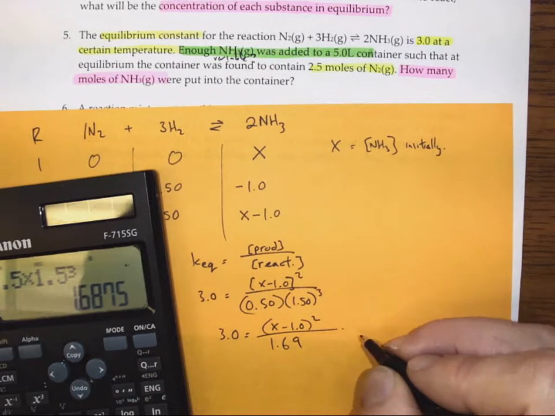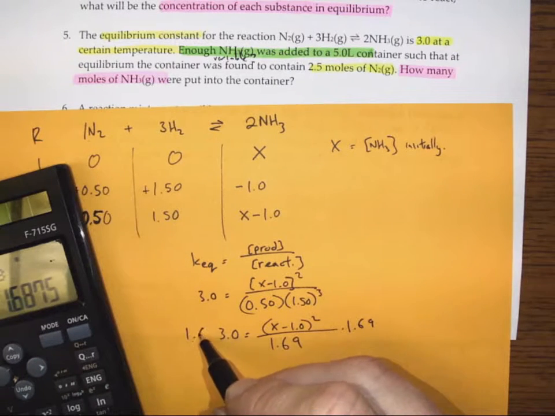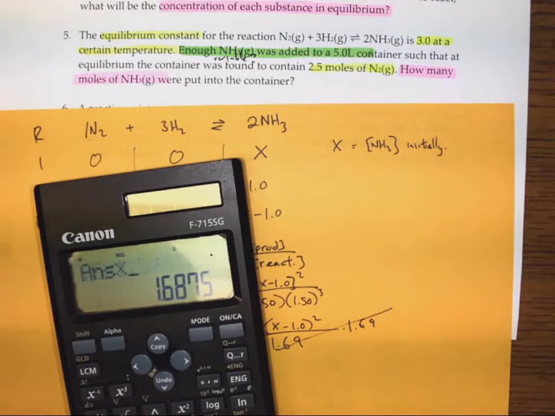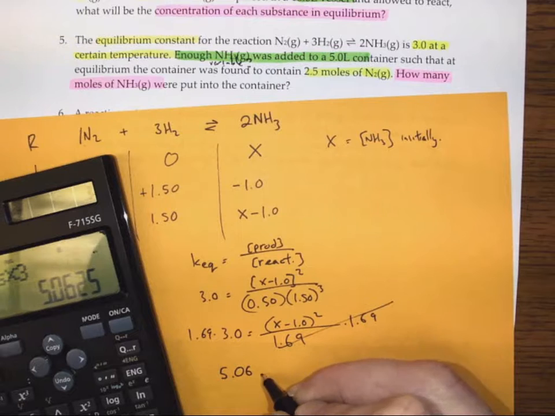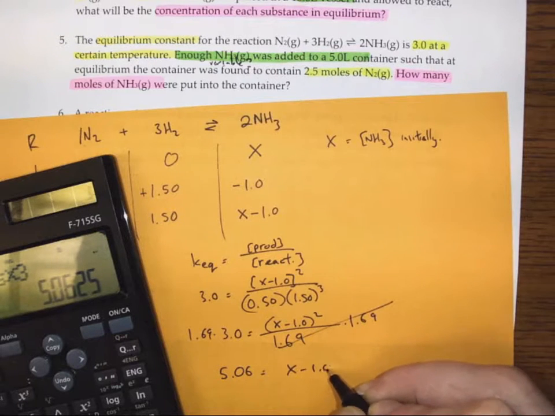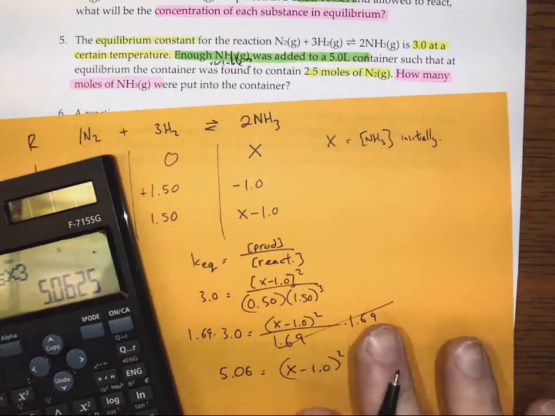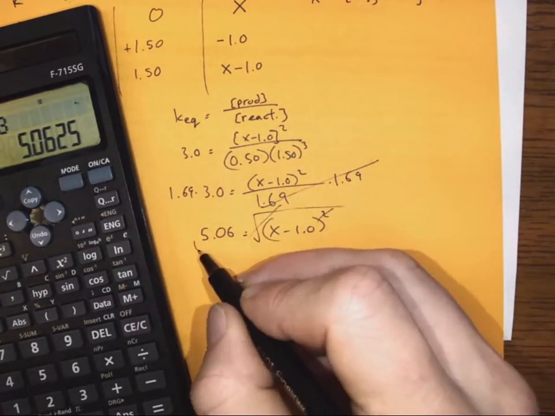I'm going to multiply both sides by 1.69, canceling these out. And on the left I get 5.06 is equal to X take away 1.0 squared. To undo that square, I will square root both sides.